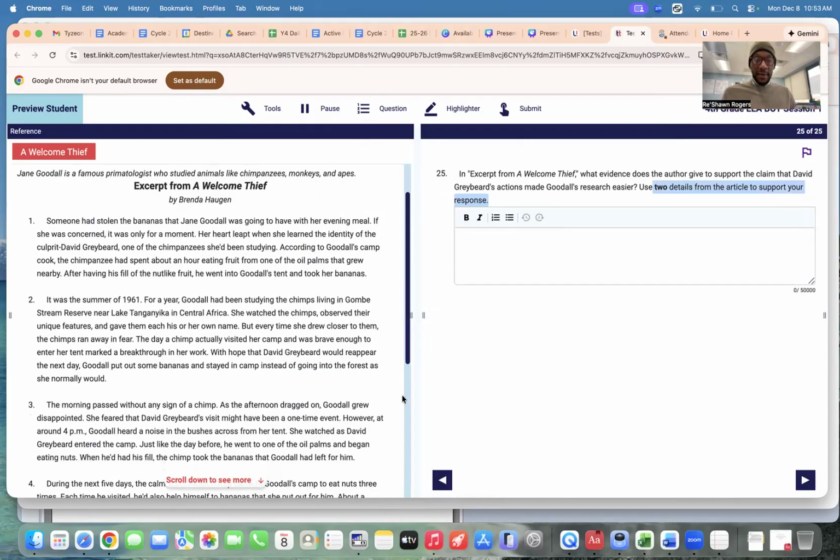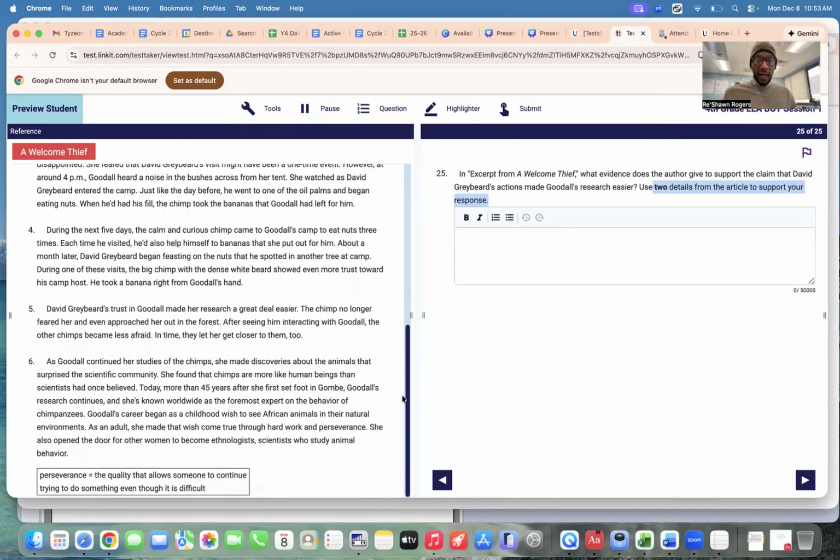Now I'm going to go back to my text and find my EV1 and my EV2. I know I can't mark the text EV1 and EV2, but I can highlight it. So if I think that this is a good piece of evidence, I'm going to go ahead and use my highlighter. If I also think this is a good piece of evidence, I'm going to go ahead and use my highlighter. Now I've already got my evidence and I've got my claim. Now I'm ready to write it in the box.